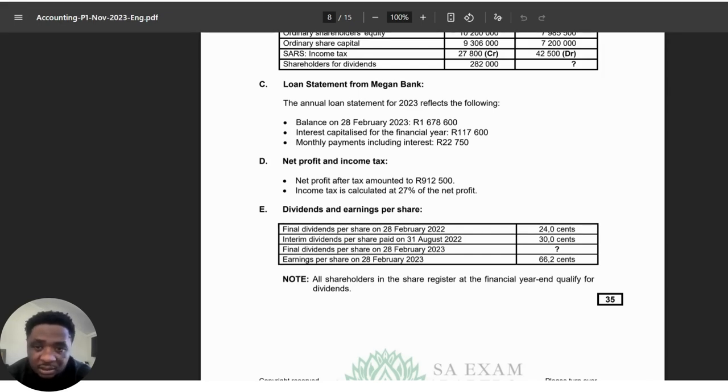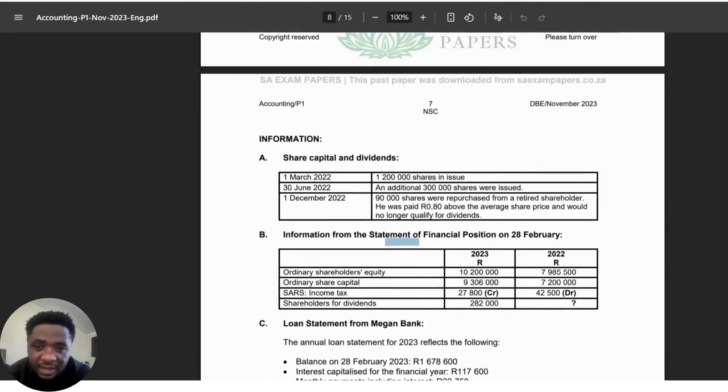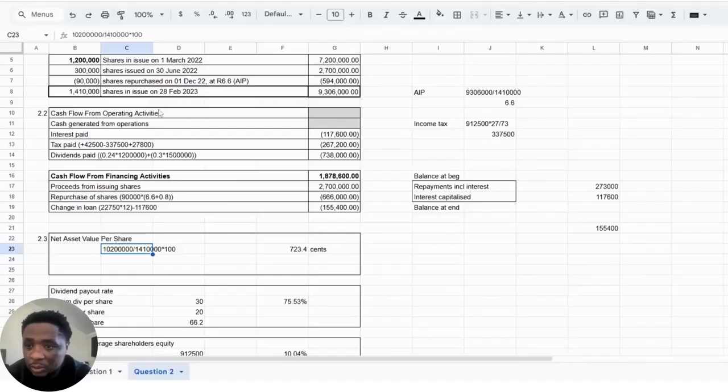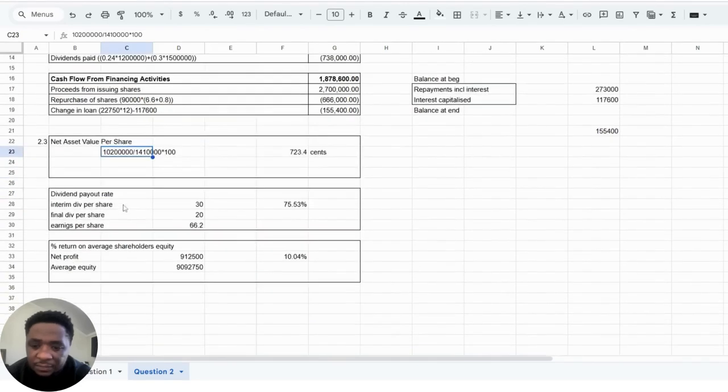Now, to work out this final dividend per share, we would take shareholders for dividends at the end of the year, 282,000, and then we divide by the number of shares in issue at the end of the year, which we did work out here, and it was 1,410,000. And if you do that, you will get that the final dividend is 20 cents.